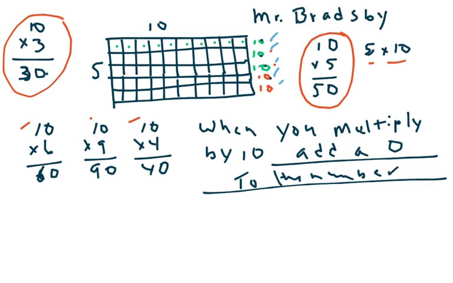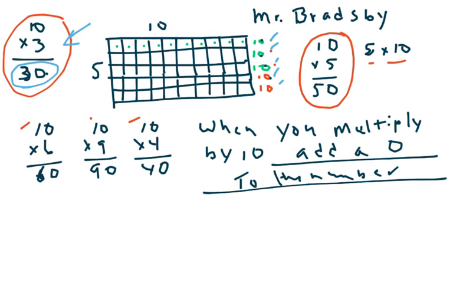Okay, for example, 3 times 10 here, over here, 3 times 10. You take the 3 and add a 0, 30. So whichever type of rule you want to follow, that's what you end up with. You either count by tens to get there, or you just add a 0 to the number.